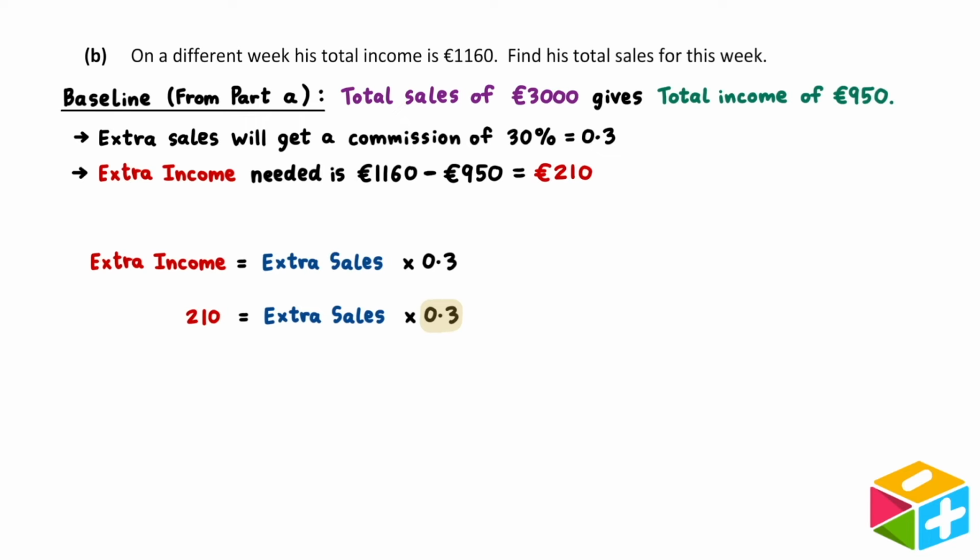The 0.3 is being multiplied by the extra sales, and the inverse of multiplication is division.